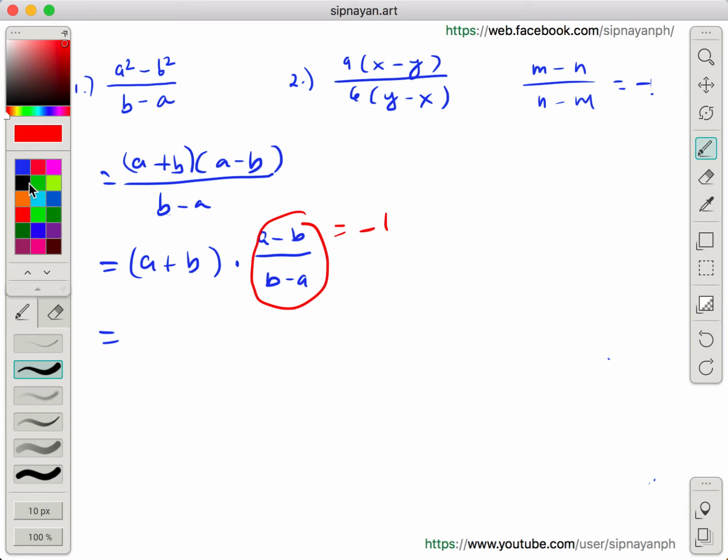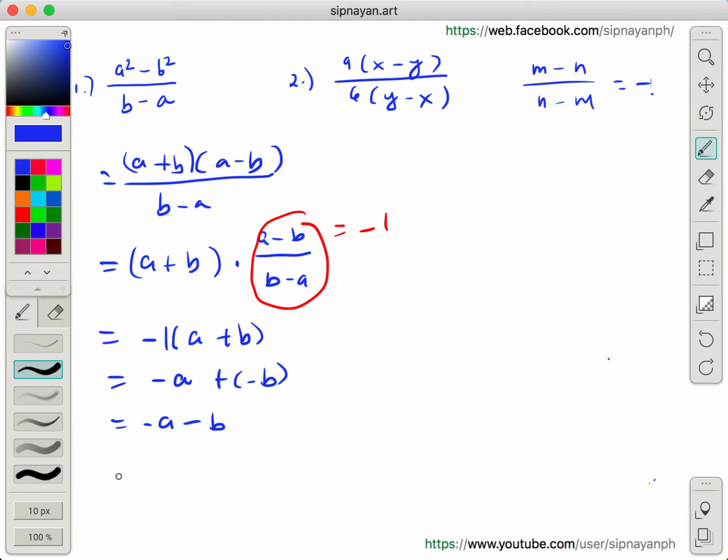So, magiging equal siya sa negative 1 times a plus b, which is equal to negative a. Negative 1 times a is negative a, and then plus negative b. Negative 1 times b is negative b, which is the same as negative a minus b. So, ang plus negative is the same as minus siya. Okay, so that's it.